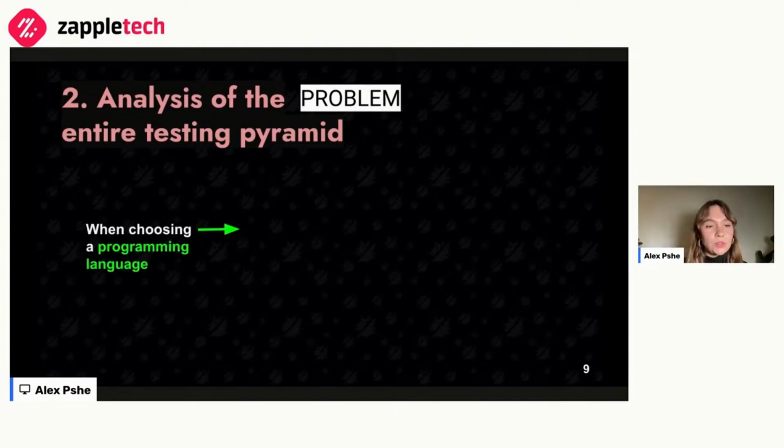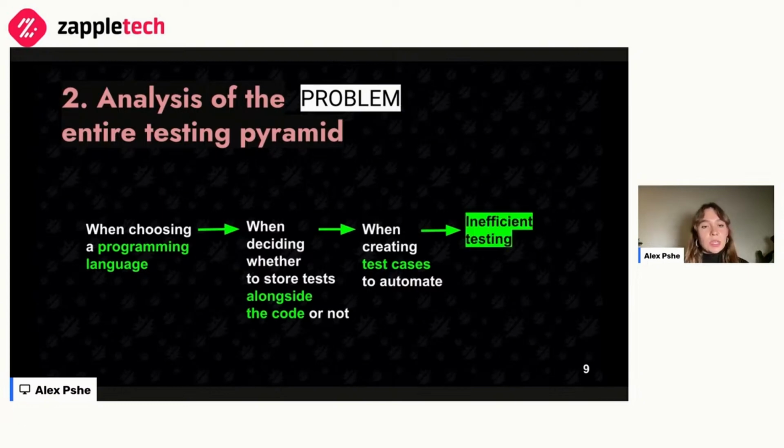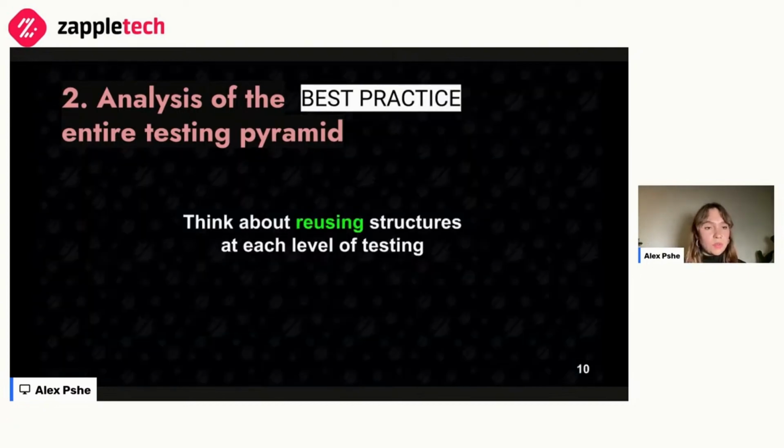So when we, for example, choose a programming language for backend and front-end tests, when we decide whether to store tests with our product code or separately in another repository, or when we decide how to create our test cases, I mean, how to decompose them on different levels of the testing pyramid, on API level, on UI level, or maybe some of these tests can be introduced at the unit testing level. So as a result, we can have inefficient testing.